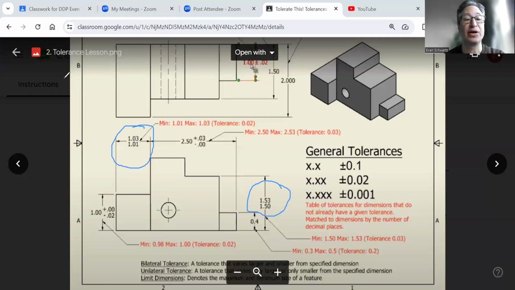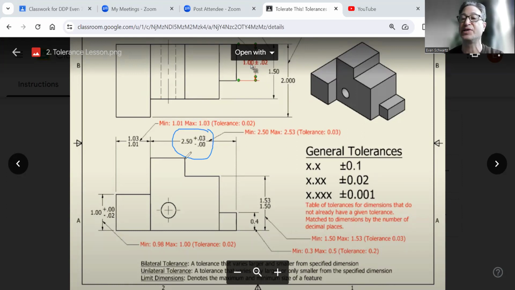So we're going to take a look at a second example. Okay, so what we want to look at here is this here. We have a 2.5 with a plus sign, 0.03, and a minus 0.00. So this is unilateral tolerance, and the signature trademark of unilateral tolerance is zeros here. The zeros can appear in the plus or the minus sign.